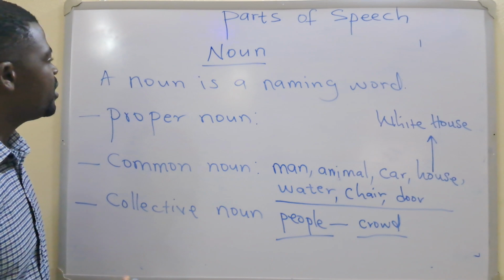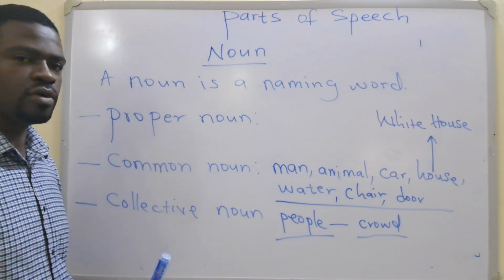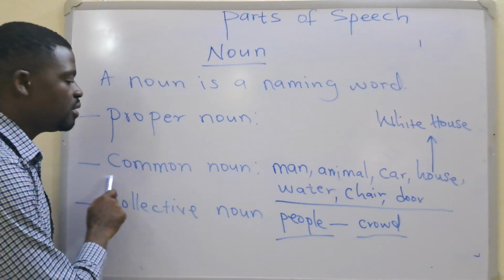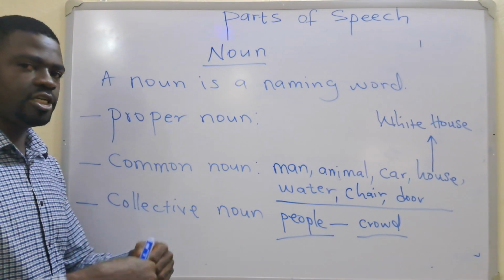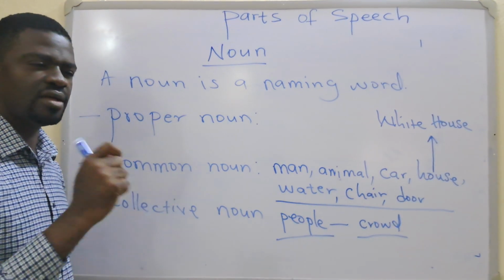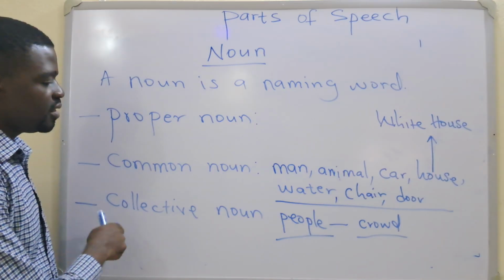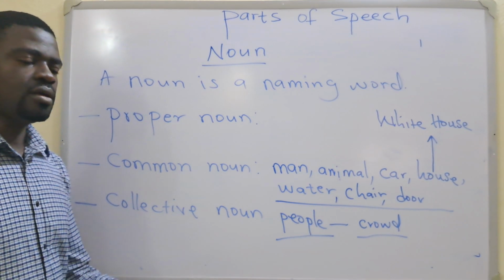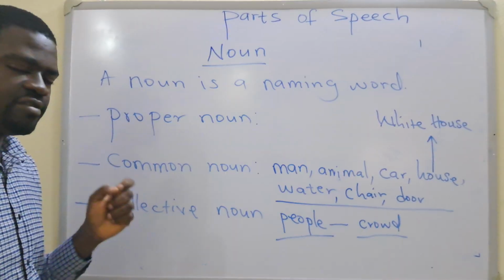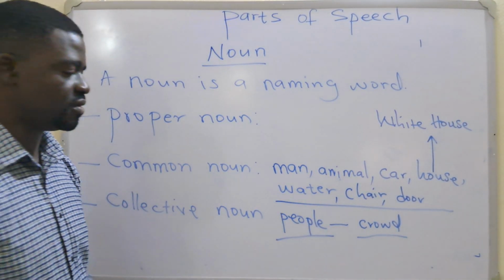So nouns could be proper nouns, referring to names of individual or specific people, or they could be common nouns, referring to just general things, or names not referring to a specific individual. Nouns could be collective when you have a collection or a group of nouns. Then you give it a specific name, then it becomes a collective.